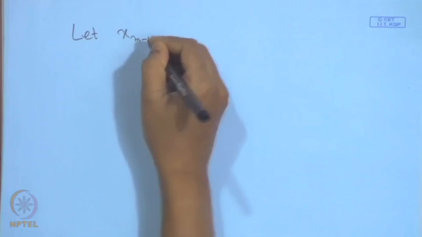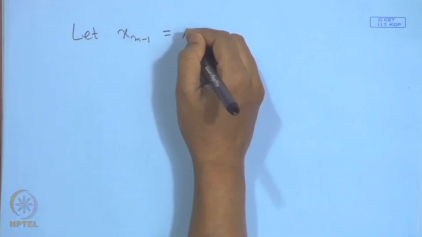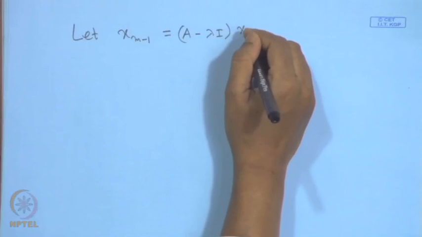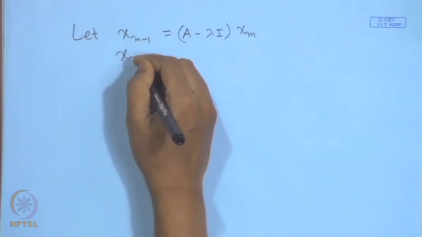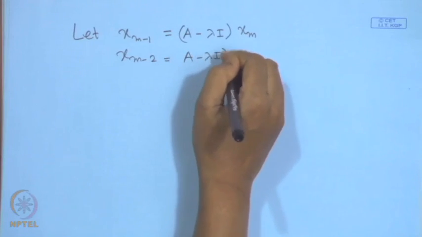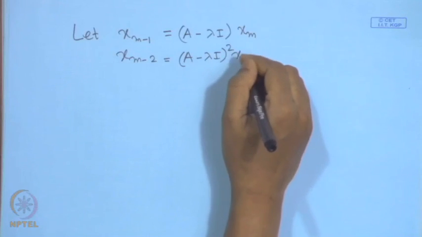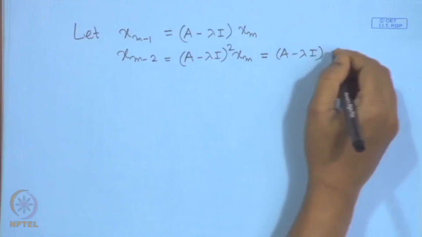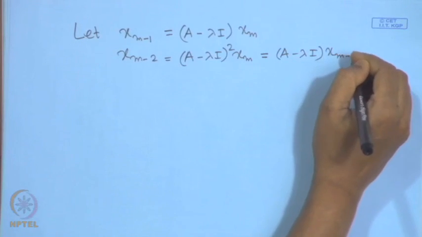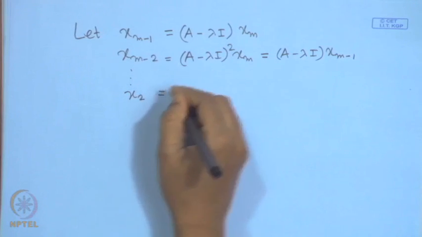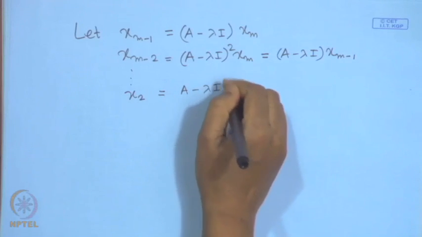Let x m minus 1 be equal to (A minus lambda I) x m, and x m minus 2 is (A minus lambda I) whole square times x m, which is equal to (A minus lambda I) times x m minus 1.